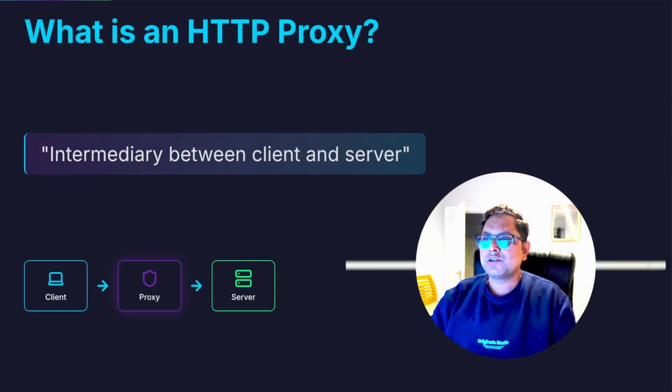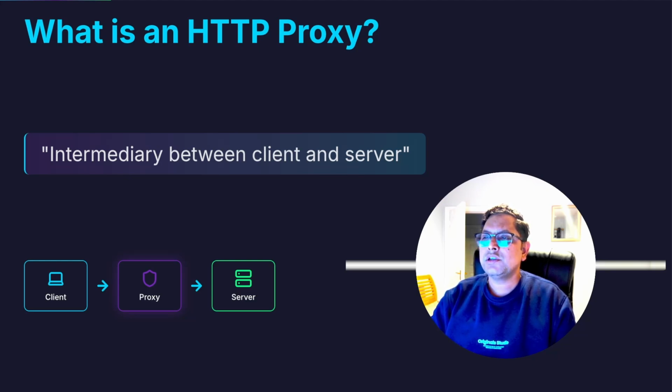Now let's talk about HTTP proxies. An HTTP proxy acts as a bridge between a client and a server. Think of it as a middleman that sits between our application and the server. When you make a request, instead of going directly to the server, it first goes through the proxy.